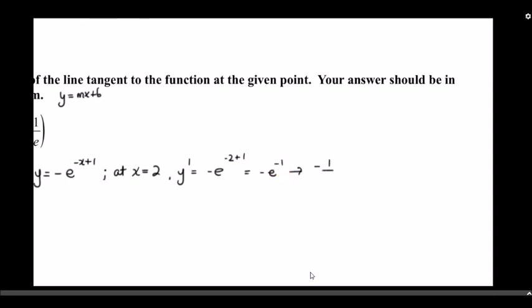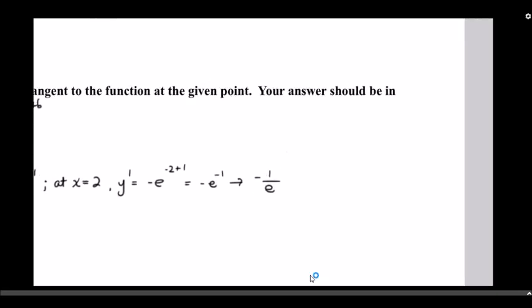So this is negative 1 over e. So that's our slope. Well, that's the slope at x equals 2.